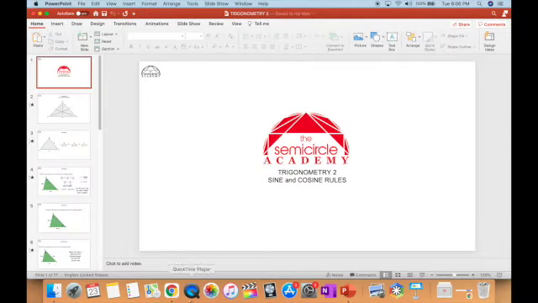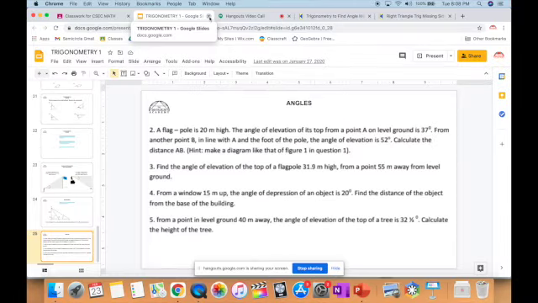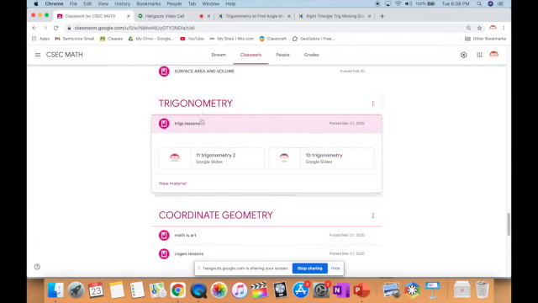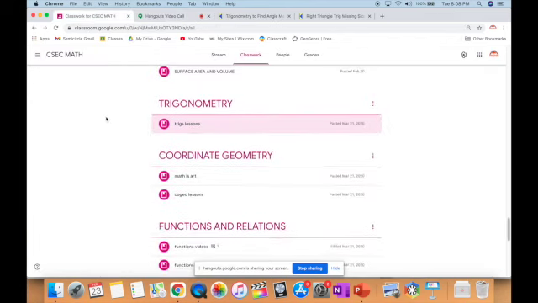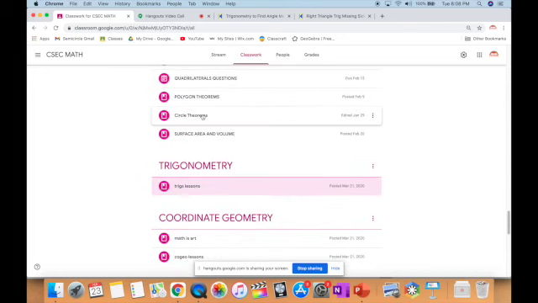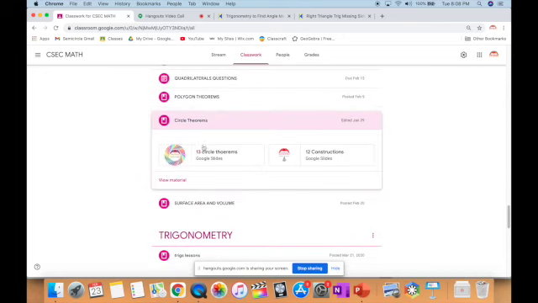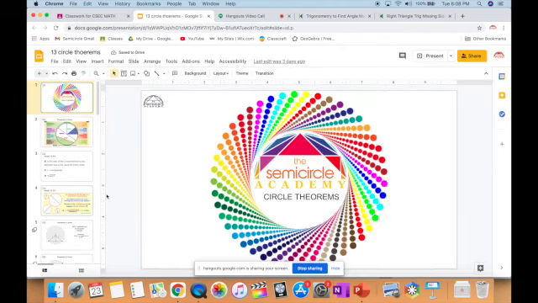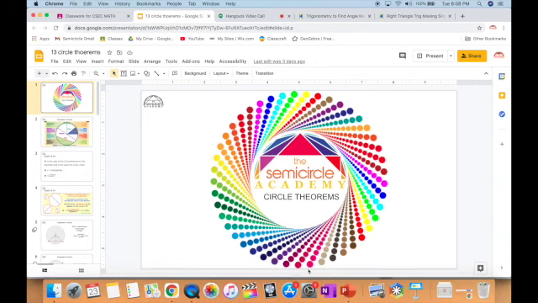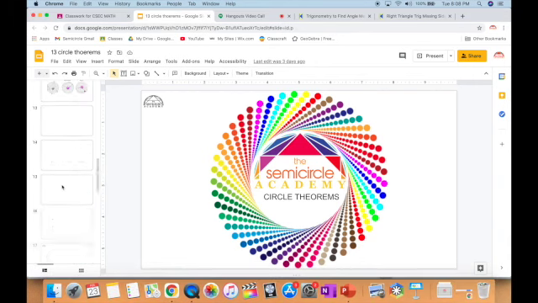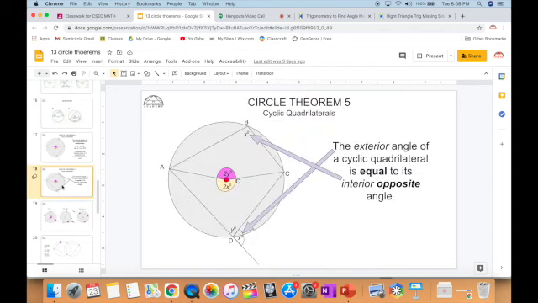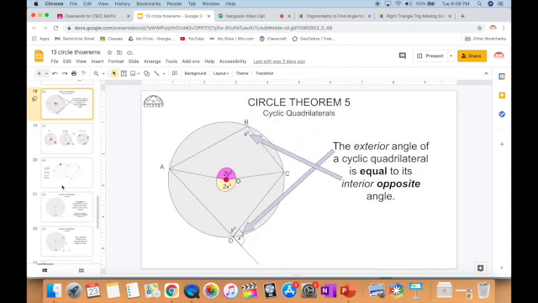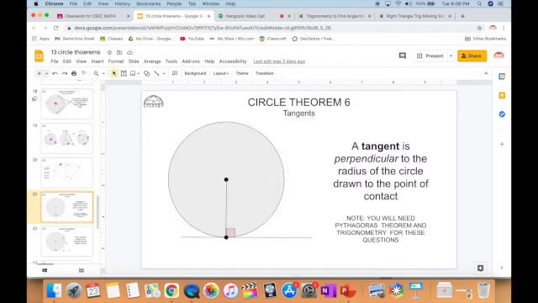But guess what? That is not all. We have one thing again to do for Saturday. And guess what? It's your favorite topic. Yay! Circle theory. Because remember, it had some theorems that involved trigonometry, right? And those were the theorems after Theorem 5, after Theorem 6.